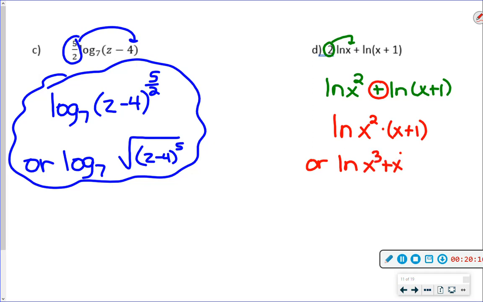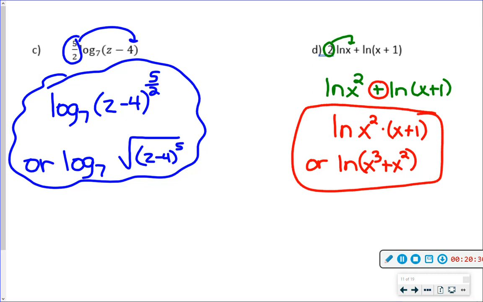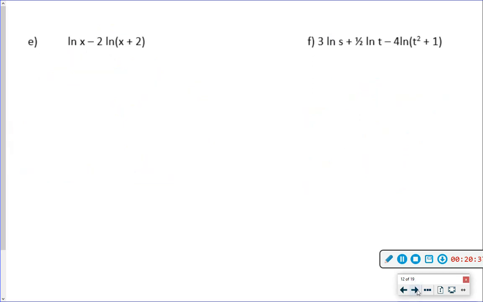The only thing I'm going to say, if you distribute it, I'm going to throw some parentheses around it because I want to make sure we're implying that you're doing the natural log of that entire expression. Okay? We're here, product, of course, we're doing it all. And I really don't care if you distribute or you leave it. It makes no difference whatsoever. It might matter when we start solving the equations and you want to have that distributed out. But for now, I'm just getting used to our properties.